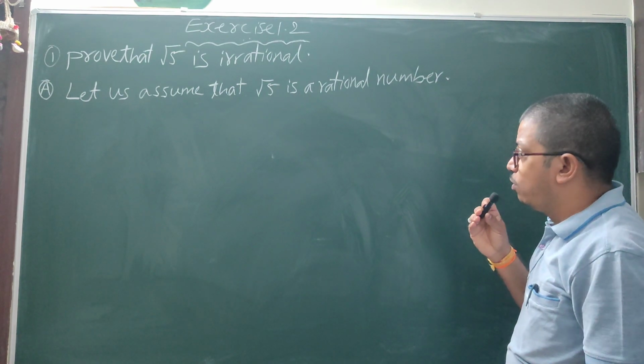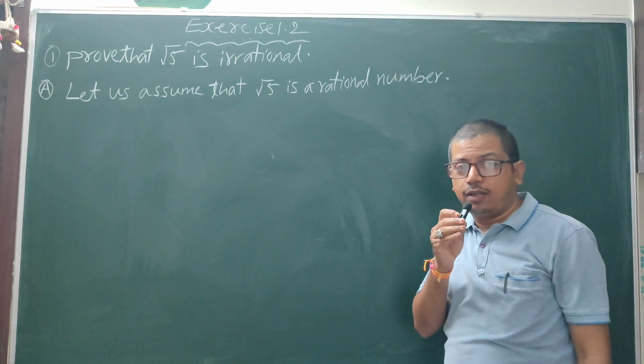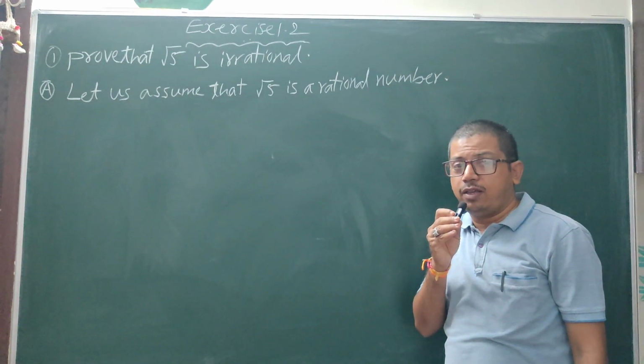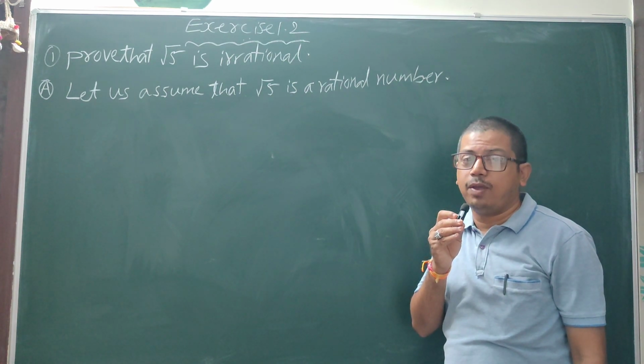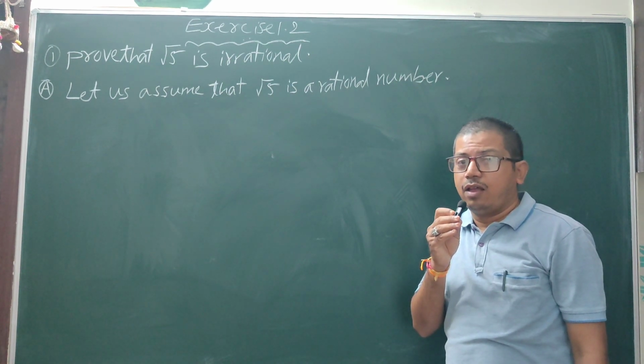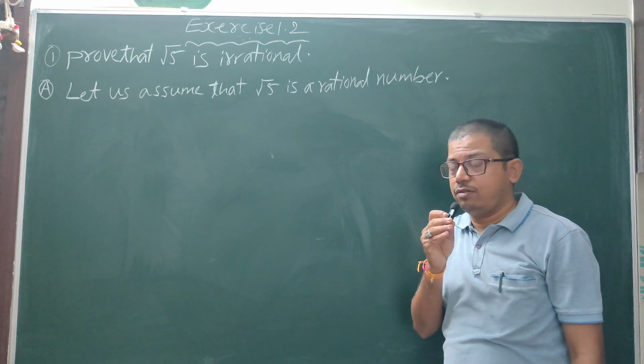So let us assume that root 5 is a rational number. Of course, we know that a rational number can be written as a by b or p by q, whatever letters, in the form of a fraction.